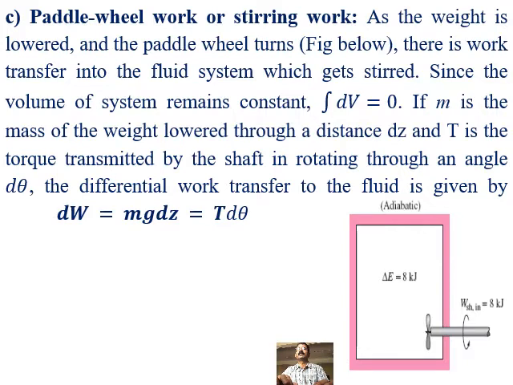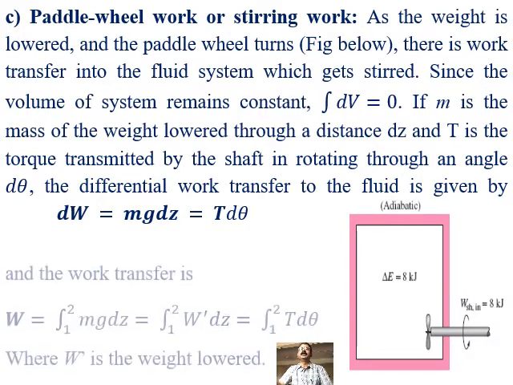That is given by T into d theta, because it is converted to shaft work. Whatever work is involved in raising or lowering the weight can be written in terms of shaft work, because it rotates the shaft, which you can see here. So shaft work is nothing but T into d theta. Therefore you can write dW is equal to T into d theta.